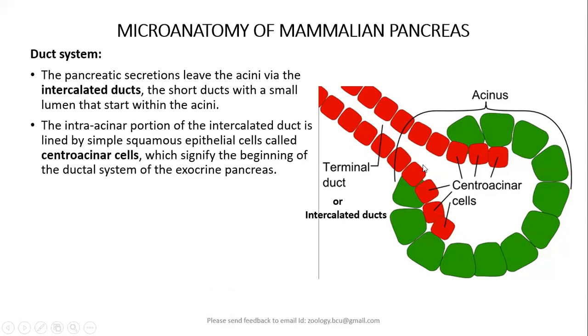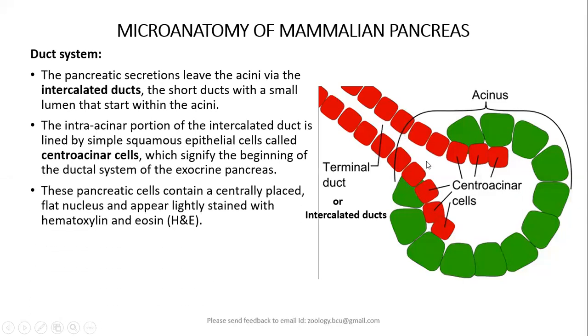The intra-acinar portion of the intercalated duct is lined by simple squamous epithelial cells called centroacinar cells. These cells are slightly flat, which indicates the beginning of the duct system of the exocrine pancreas.